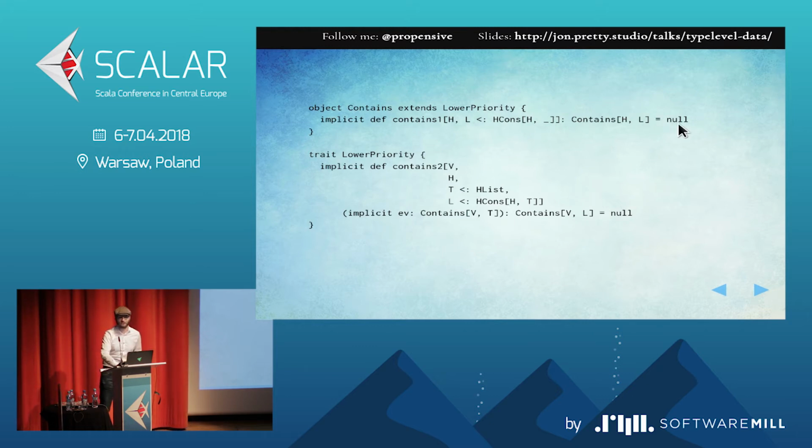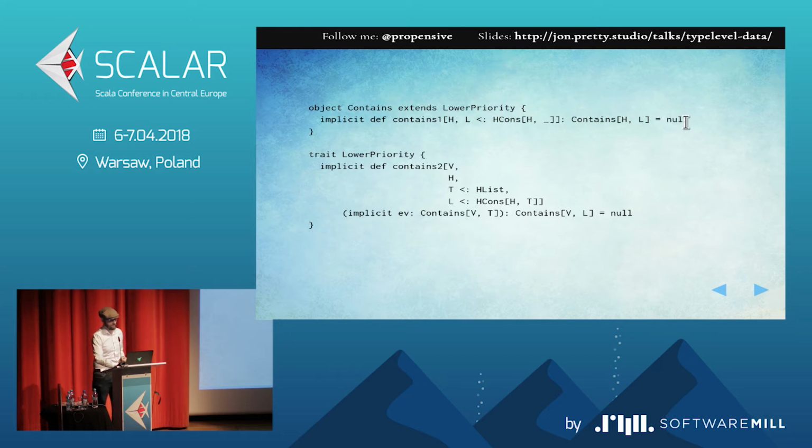Now, the evidence you'll notice is null. That doesn't mean false, that means something. And actually, we don't care what that evidence is. We just care that there is something. We can provide this Contains value with any value because we're never going to look at it. We just need to know that it's there.